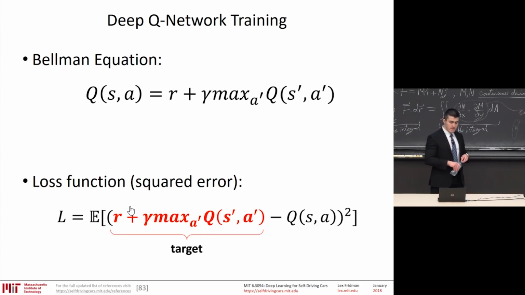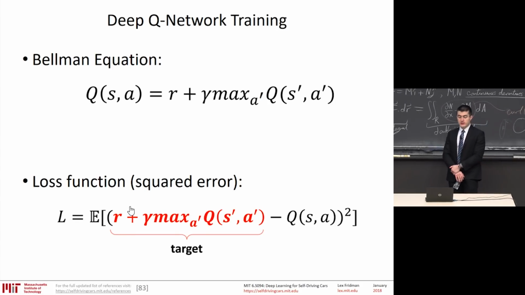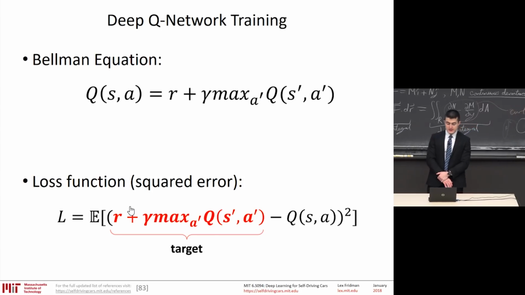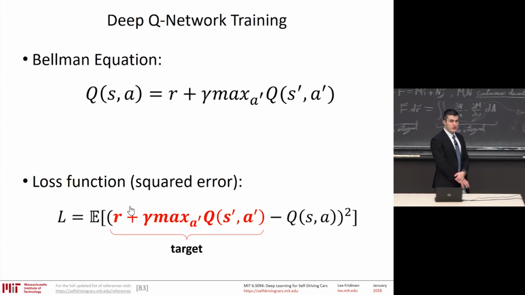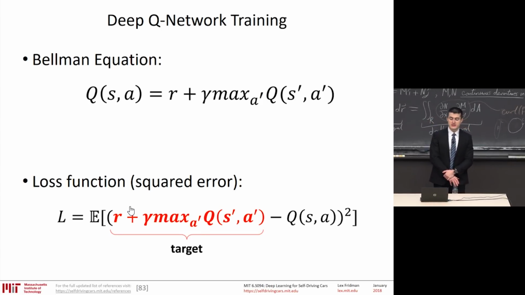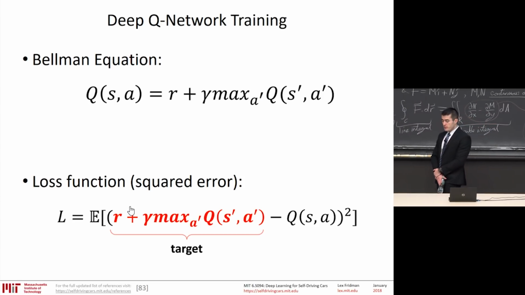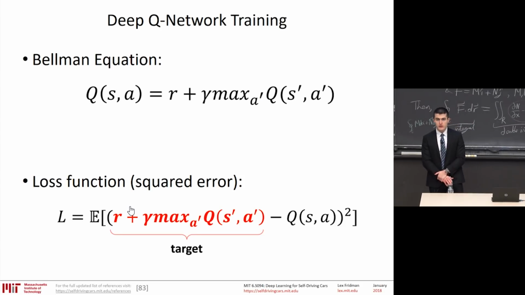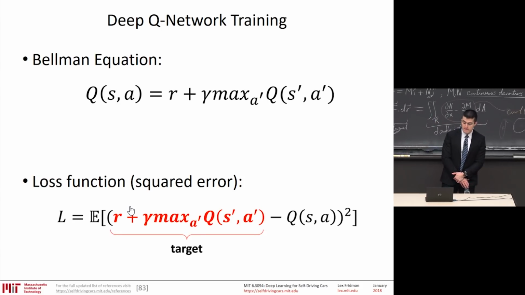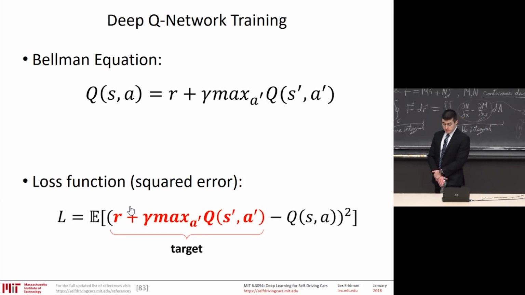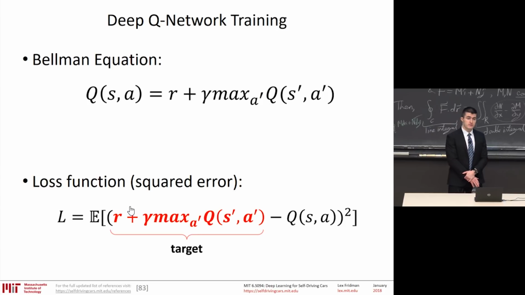The Bellman equation up top, it takes the reward and the discounted expected reward from future states. The loss function here for a neural network, the neural network learns with a loss function. It takes the reward received at the current state, does a forward pass through the neural network to estimate the value of the future state, of the best action to take in the future state, and then subtracts that from the forward pass through the network for the current state in action.